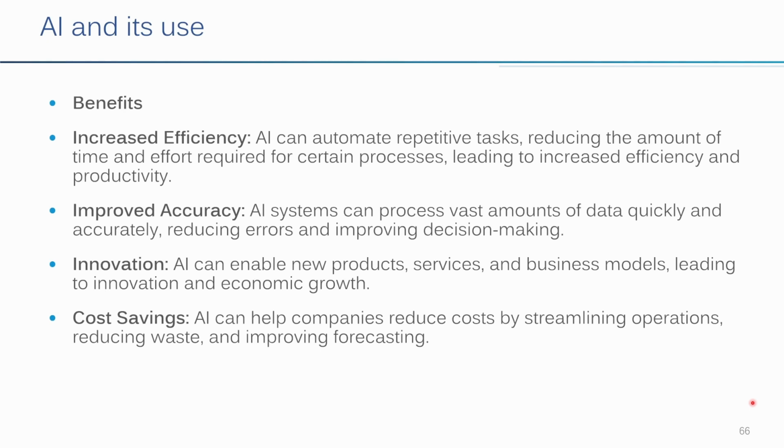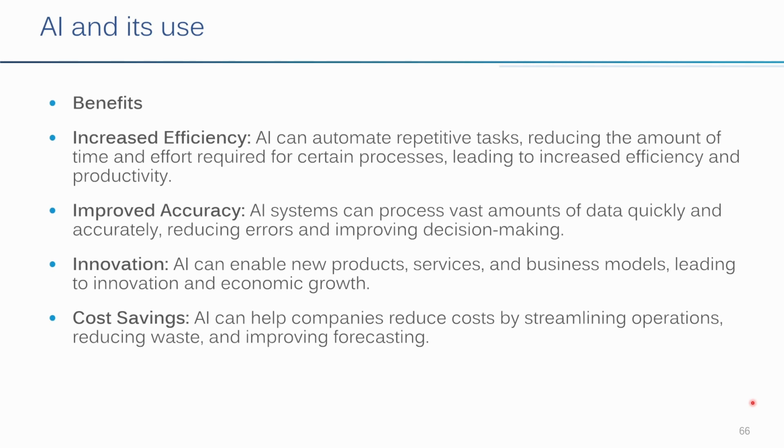So, increased efficiency. For example, we can automate repetitive tasks, allowing us to spend our time on other tasks that are more interesting, or that require more creative thinking to solve problems. And they release us from doing mundane, everyday, repetitive and non-engaging tasks.